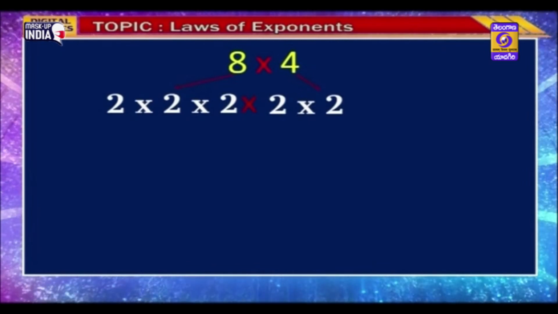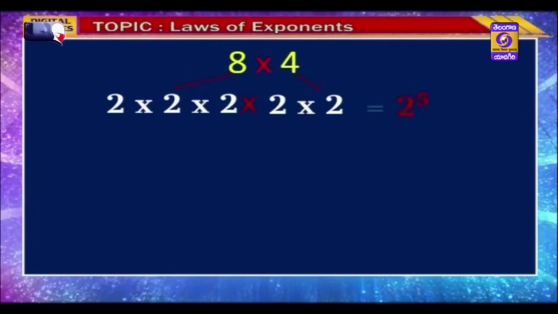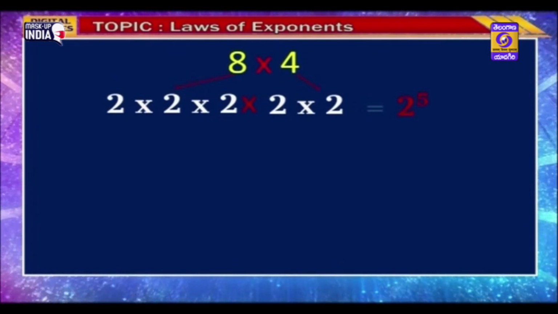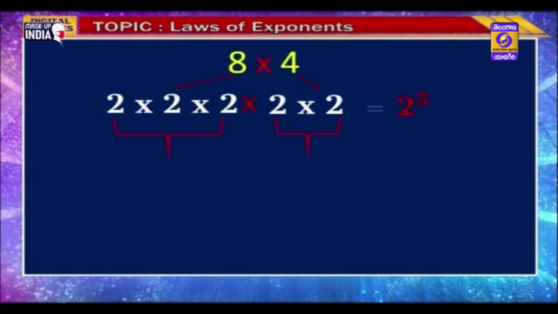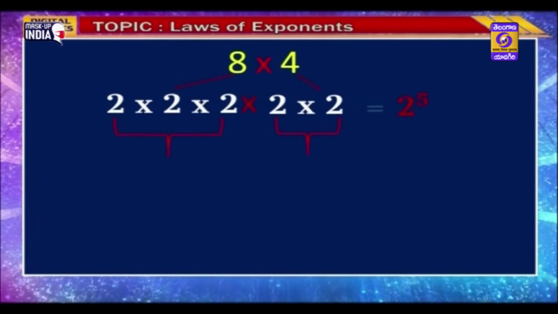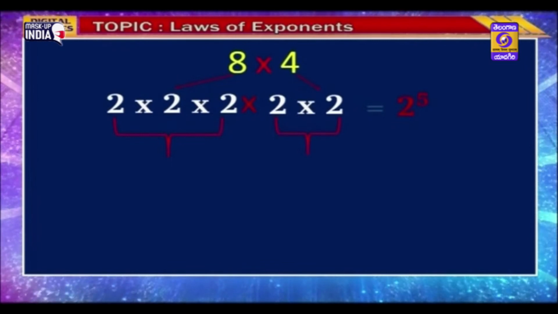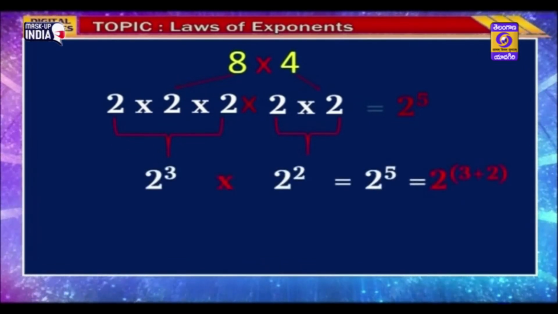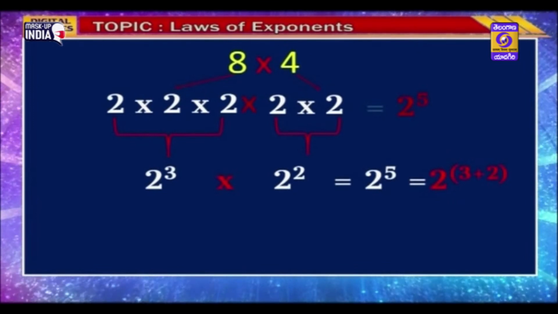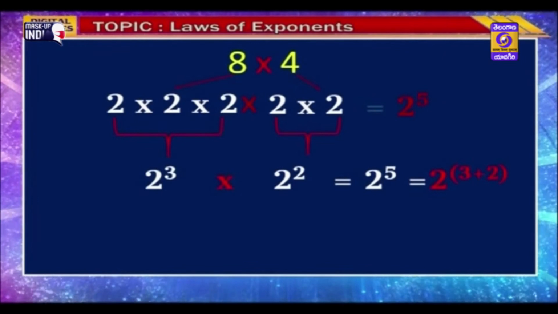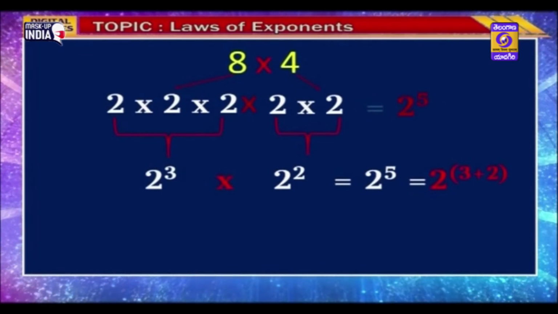There are 5 2's, so we can write 2 to the power of 5. Now we group 3 2's and 2 2's. 2 into 2 into 2 can be written as 2 to the power of 3, and 2 into 2 as 2 to the power of 2. Now when you look at the RHS, it is 2 to the power of 5.